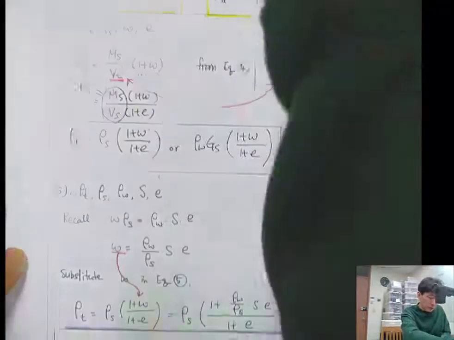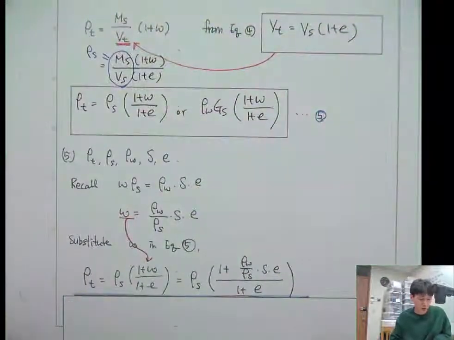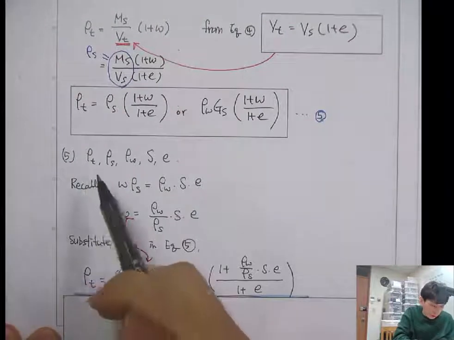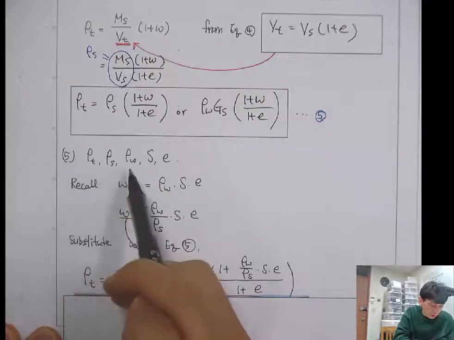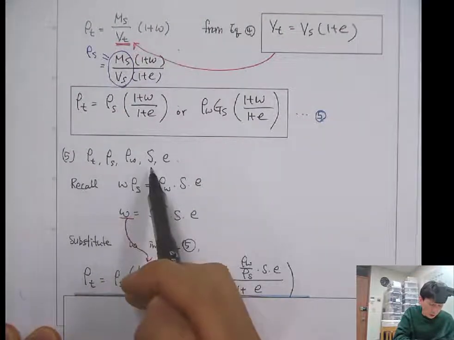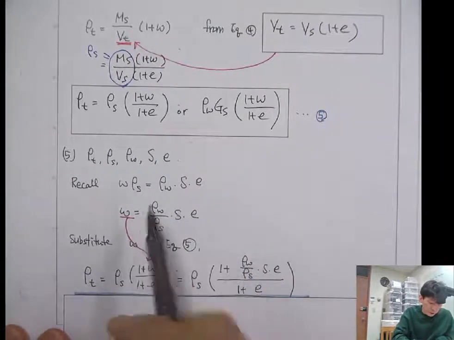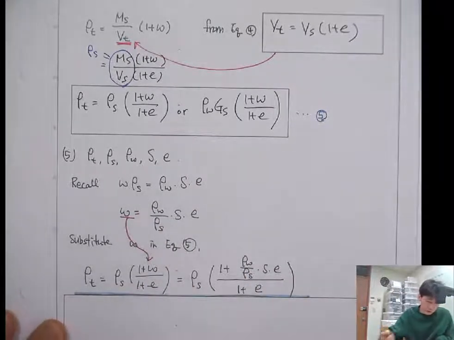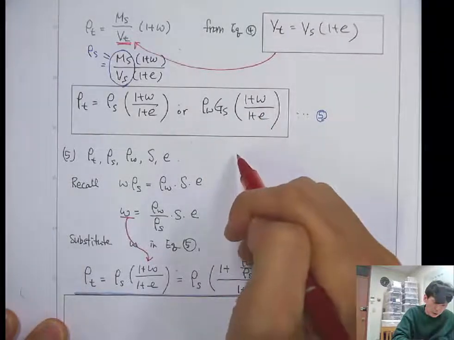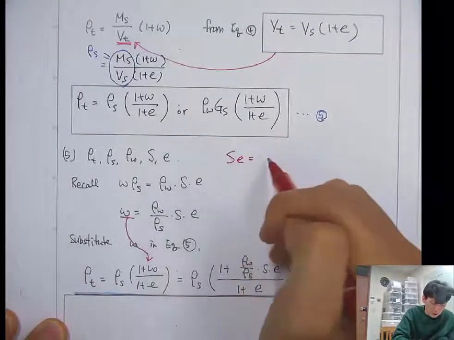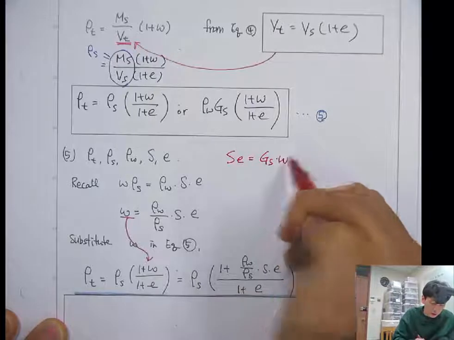And the last one is getting the total density from solid density, water density, degree of saturation, and void ratio. So let's recall the first relation. The first relation was Se equals Gs w, right?